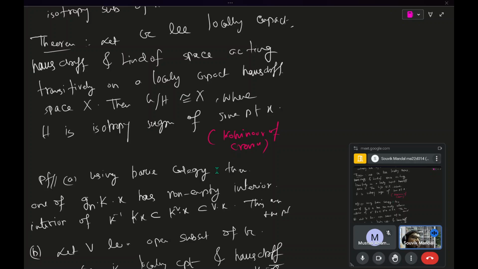Using the Baire category theorem, K·x has a non-empty interior, so that K^{-1}Kx is a subset of Kx, a proper subset of Bx, and this is the proof.